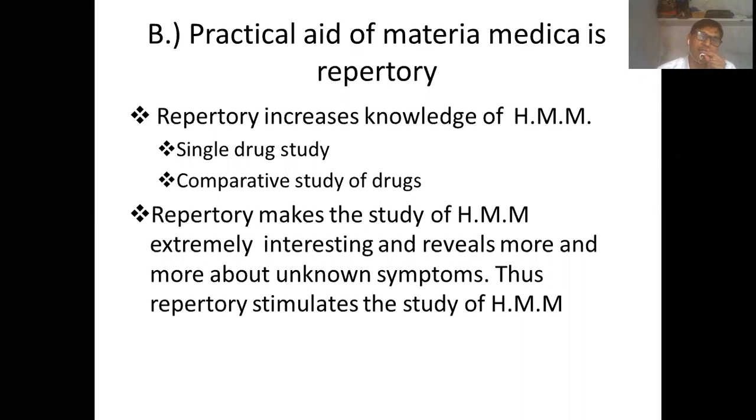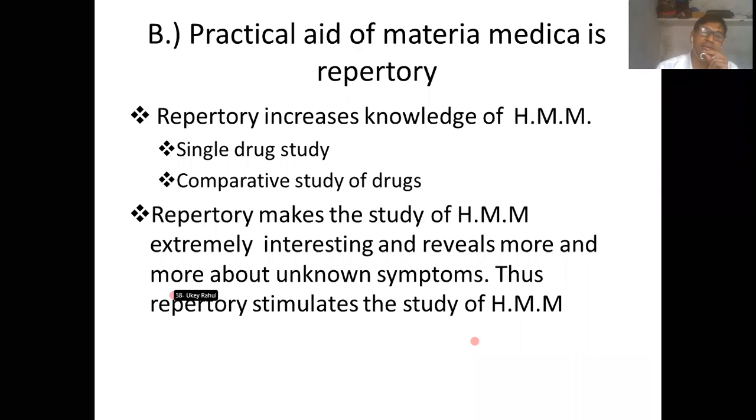I will demonstrate this single drug study and comparative study of drugs with the help of homeopathic software, if possible, through screen sharing. It is very difficult to understand this in the air, so I will demonstrate it thoroughly with the help of software.